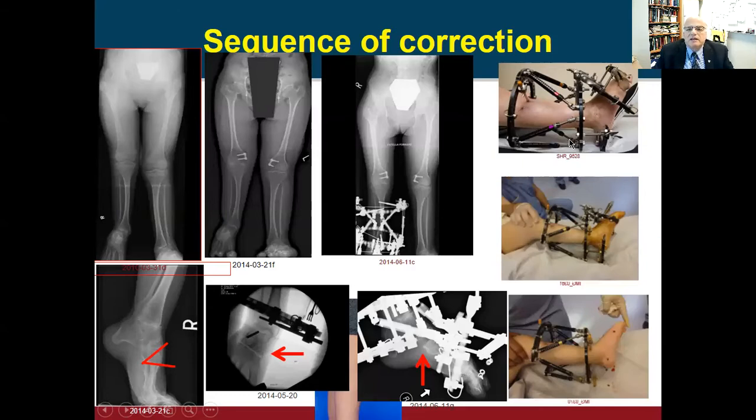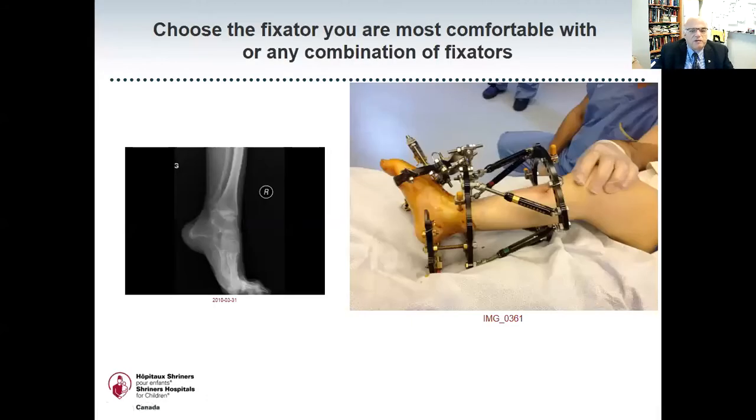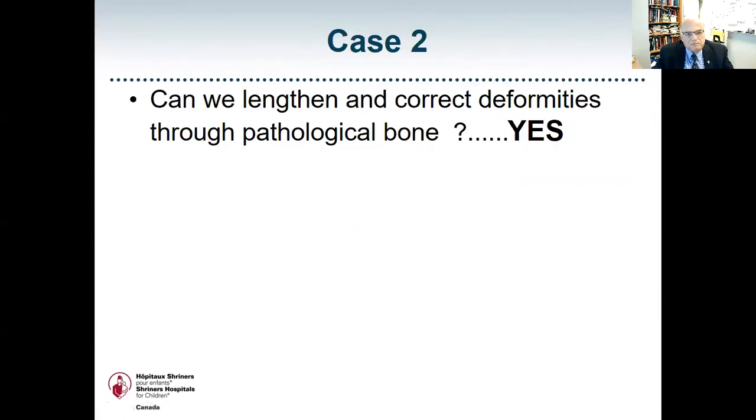You can see here that's the TSF for the tibia, and that's the Ilizarov for the foot. Satisfactory correction was obtained, and that's removal of the fixator. So this whole planning is extremely important. We went from this to this, correction of the equinus of the foot, and at the same time we had to lengthen and correct the tibia.